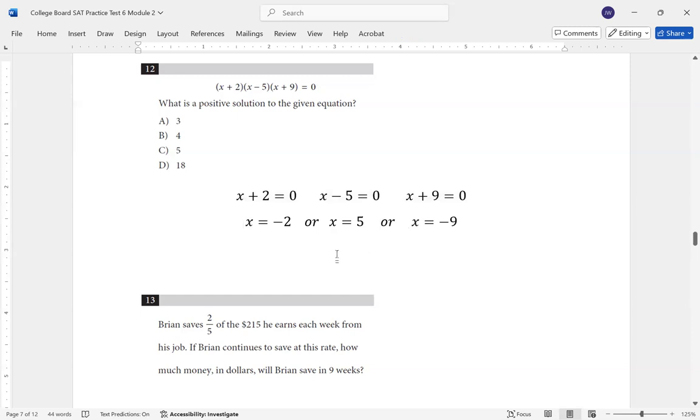That gives us 3 solutions, and it's asking me for a positive solution to the given equation. Well, the only positive solution is x equals 5. Therefore, option C is the option to choose. C is the answer to question 12.